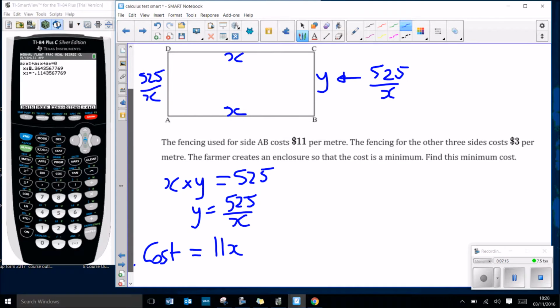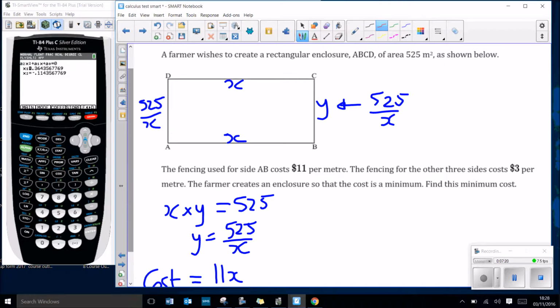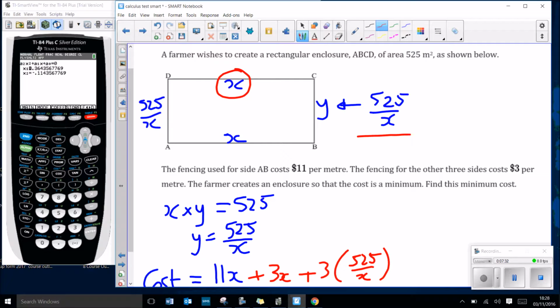So for this side here, we're going to have 3x. For this side, we're going to have 3 lots of 525 over x. And for this side here, again, we're going to have 3 lots of 525 over x.